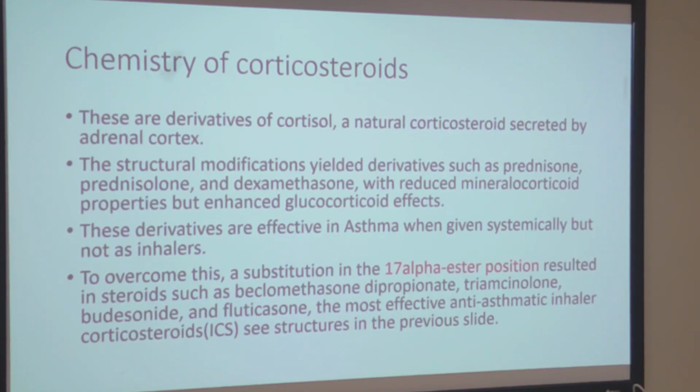That esterification will result in corticosteroids such as beclomethasone, triamcinolone, budesonide, fluticasone. They are the most effective inhalers. So the functional group modification is at the 17 alpha position. That's the chemistry behind making the systemic drugs into inhaler drugs.